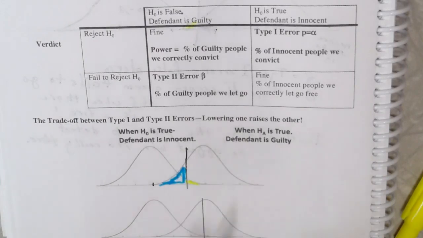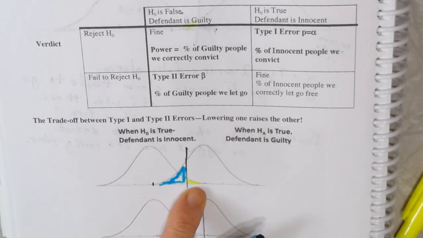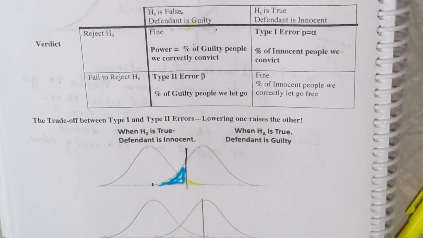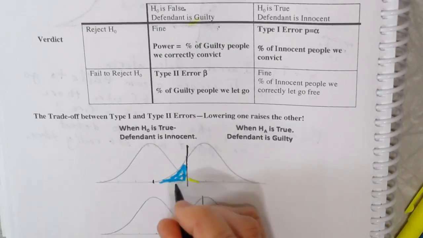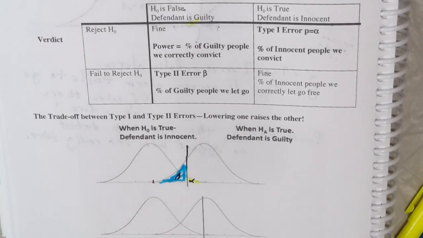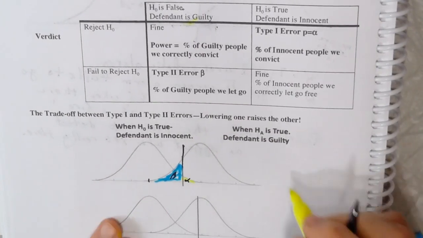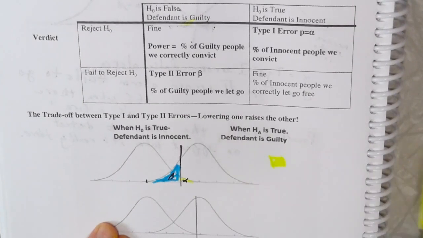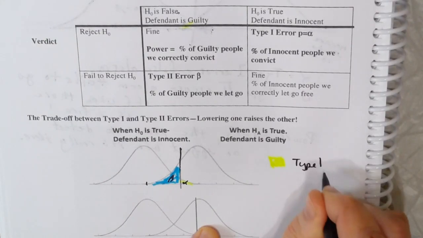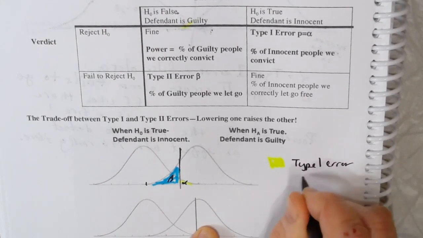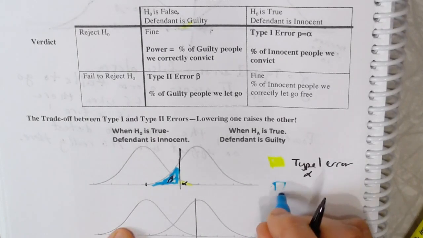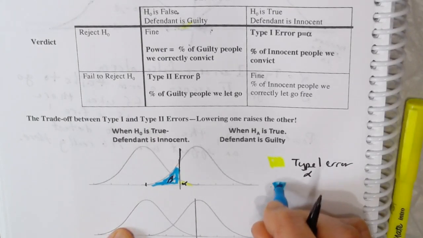So we're weighing convicting an innocent person compared to letting a guilty person free. So this is your beta and that's your alpha. And we should write that here. So this is the type 1 error, alpha, and here's the type 2 error, beta.